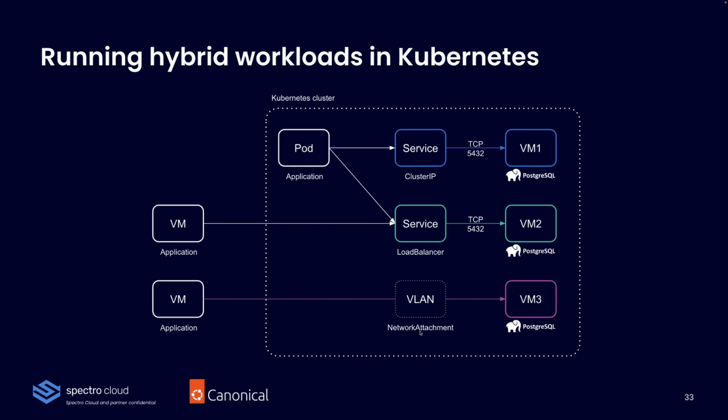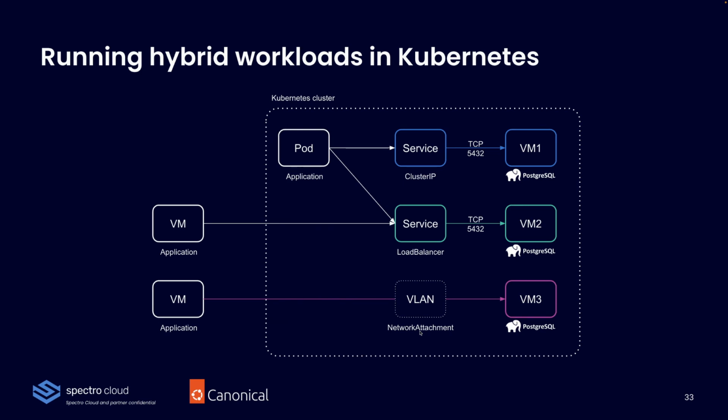Now, running hybrid workloads is probably going to be the best way of moving to Kubernetes at your own pace without having to refactor all aspects of an application immediately. So some workloads like Postgres, for example, might just be too much work to containerize and make HA in the short term.